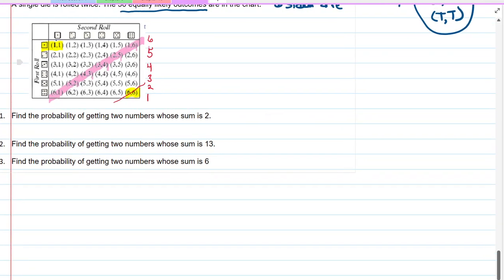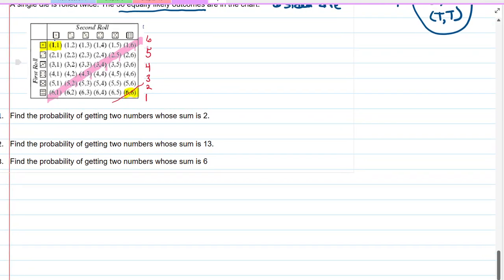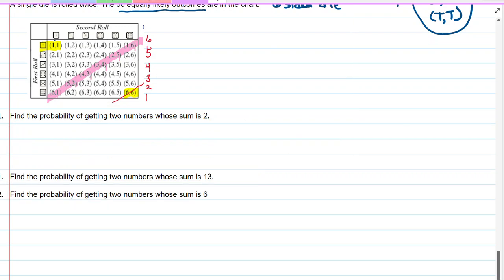Find the probability of getting two numbers whose sum is 2. So we're looking at the probability of rolling 2 dice with sum 2.